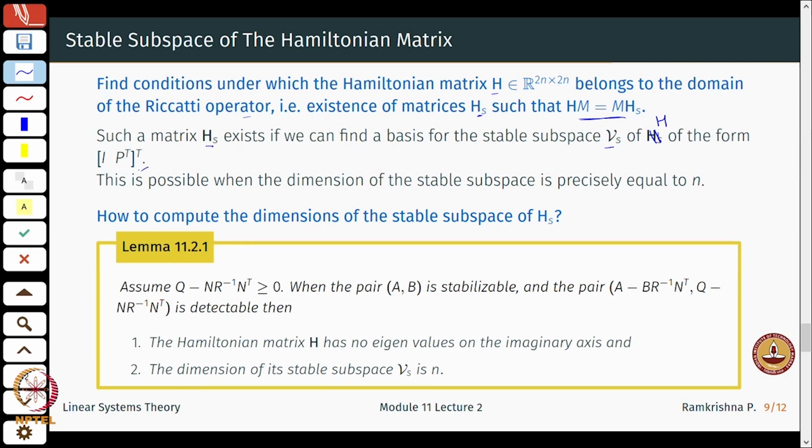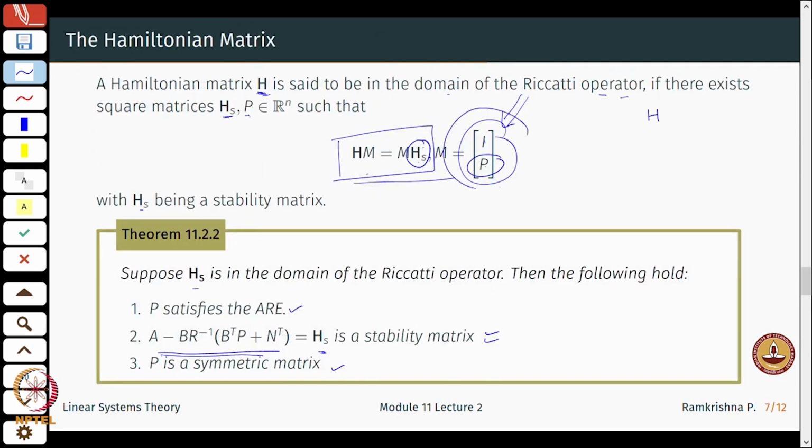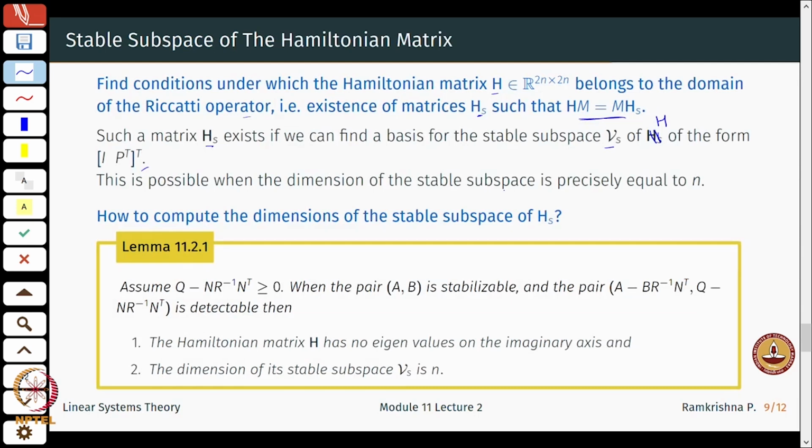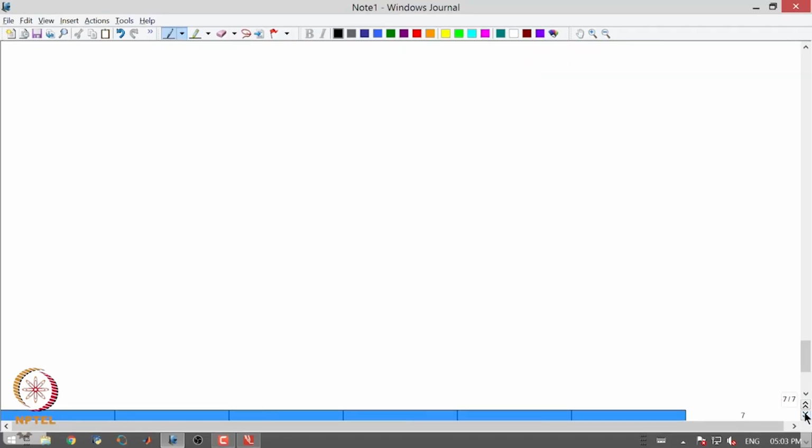So, it was here, this one, I need to find something like this. What I proved here is that if I can find something like this, then this relation holds. Now, I will ask a question: when can I find some relation like this? Okay. So, this is possible, and we will see that shortly, when the dimension of the stable subspace is precisely equal to n. Let us see how that looks like, some small computations will show that.